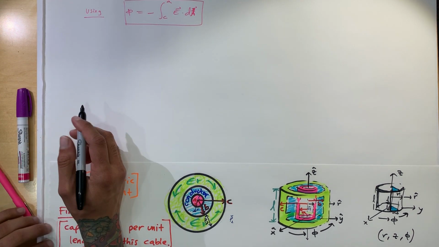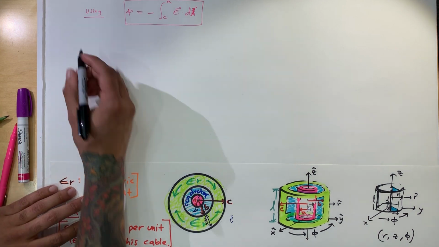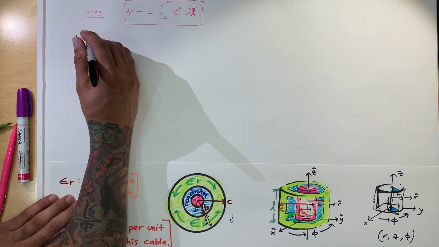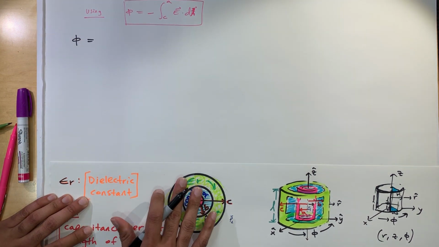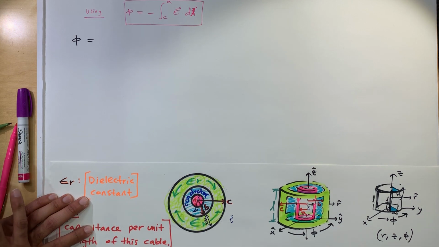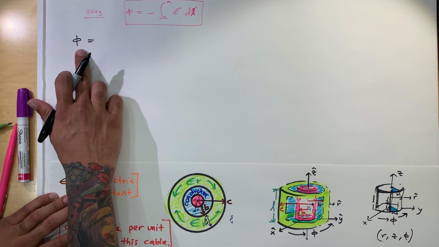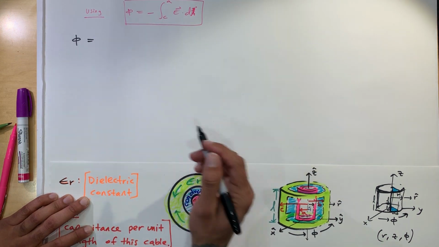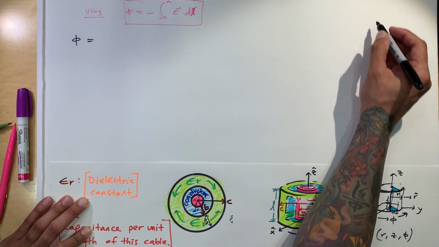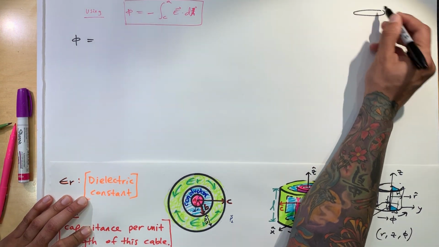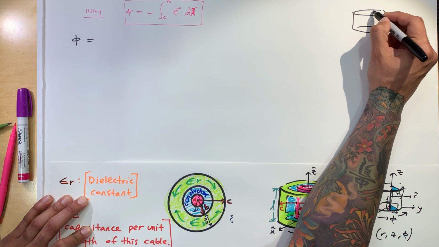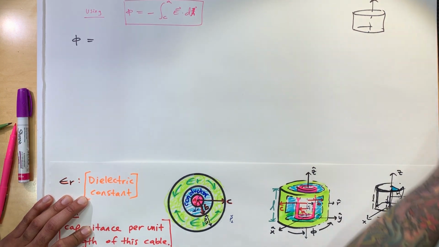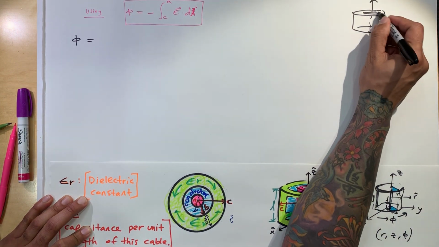So we need to find the potential for all the regions. We want the net electric potential. And so the potential, if you remember, is from the outside in. So here, this cylinder, I think it has another layer in here.